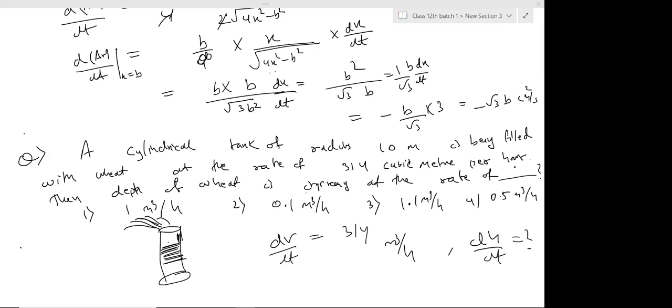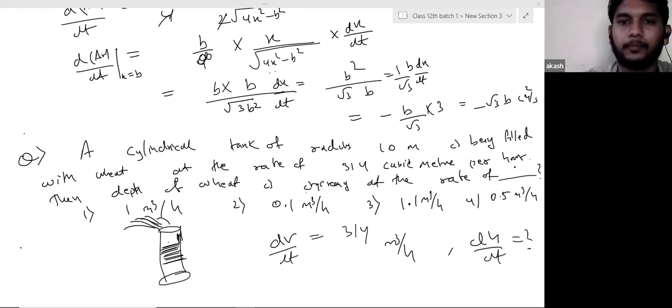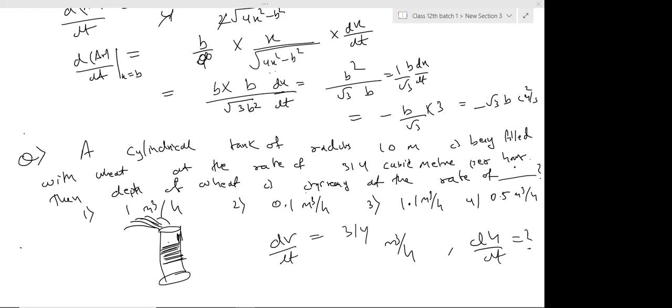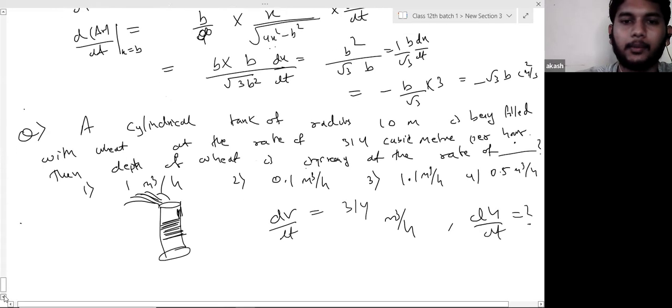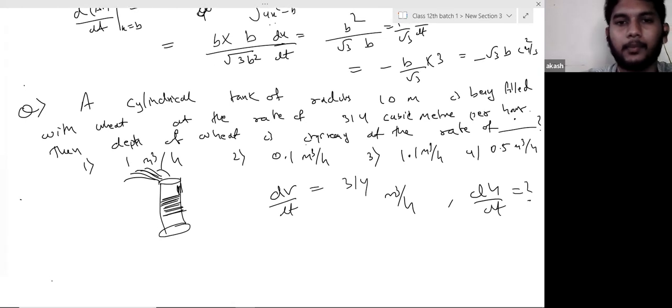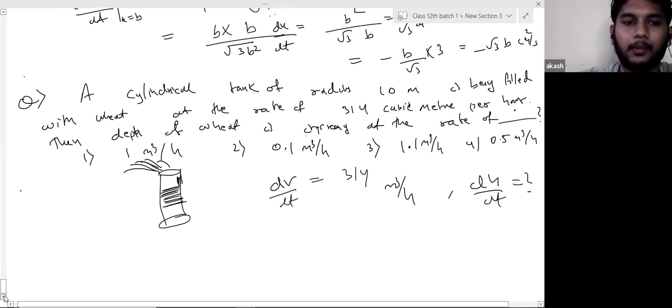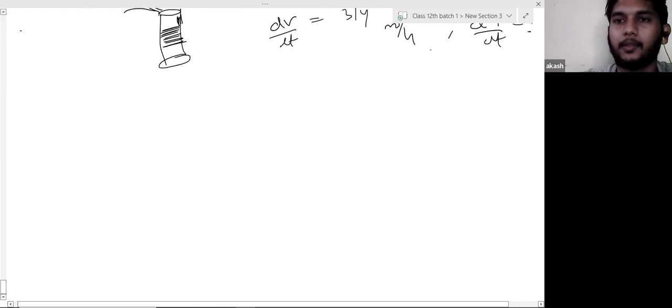All right. So you guys can solve this, right? No issues? No, sir. All right, everyone, this is clear? Yes or no? All right. So please complete the NCERT of this exercise also.